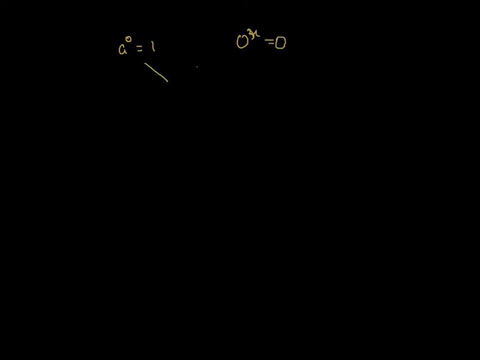But what if we combine these two and ask what is 0 to the power 0? If you put this in a calculator, it will show an error, because the very basic idea of exponents is broken in this thing. So we have to find it in a different way.